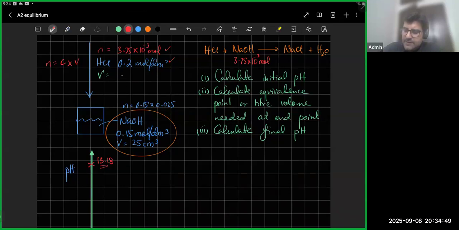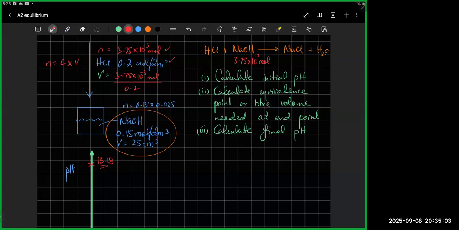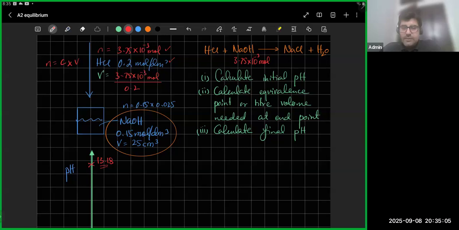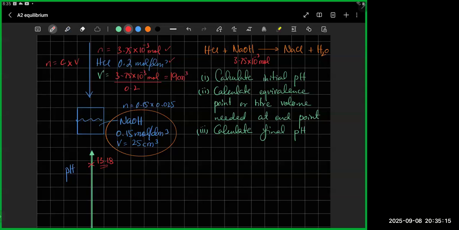We have 3.75 times 10 power minus 3 moles, and you're going to divide this by 0.2 mole per dm cube. That gives 0.019 dm cube. In cm cube, that's going to be 19 cm cube, right? Yes, you get 19 cm cube.